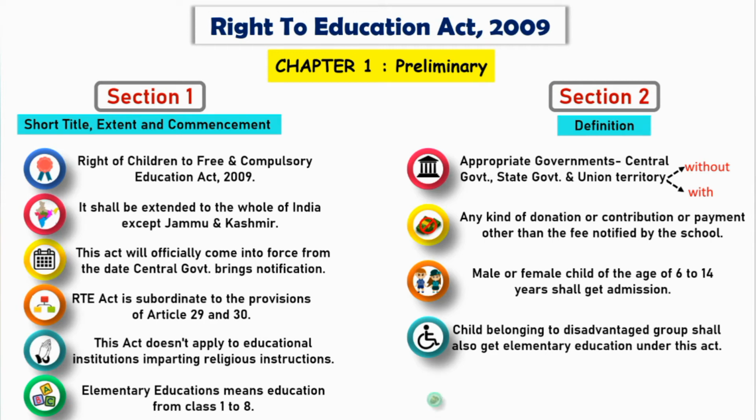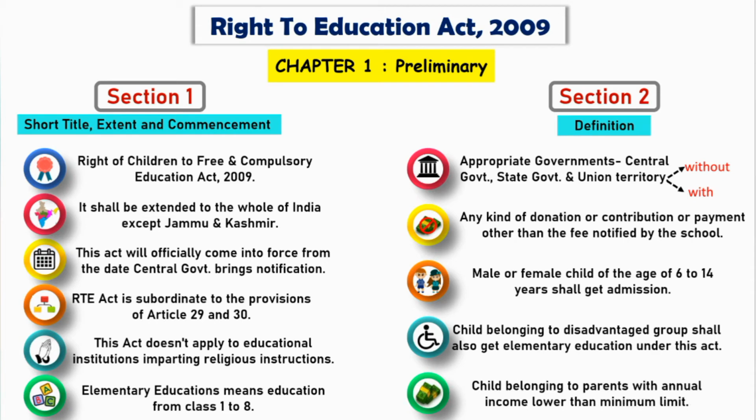A child belonging to a parent whose annual income is lower than the minimum limit will also get the benefit. See, these are not all, but important points of chapter 1.